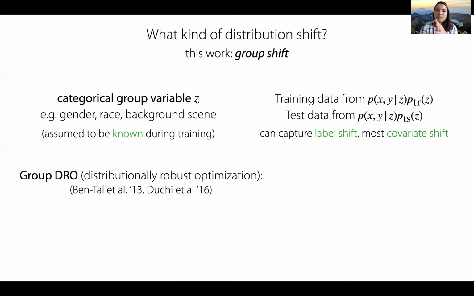One popular approach for being robust to this kind of shift in your distribution is what's called distributionally robust optimization.